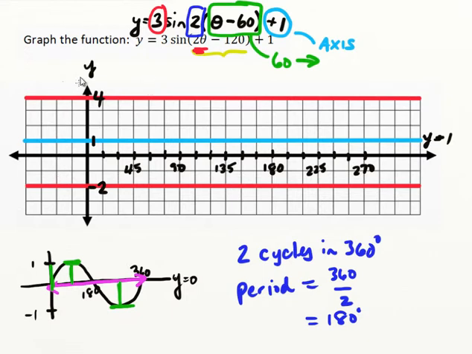I know the sine function starts at 0, right on the axis, so I'm going to start it right there. After 180 degrees, it should be back on that axis, so I'm going to put the 180 there. I know the sine function also has a 0 in the middle, halfway through, so at 90, there we go. The sine function goes up first, and halfway between 0 and 90 degrees is 45.